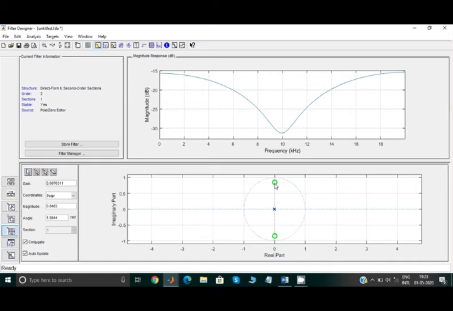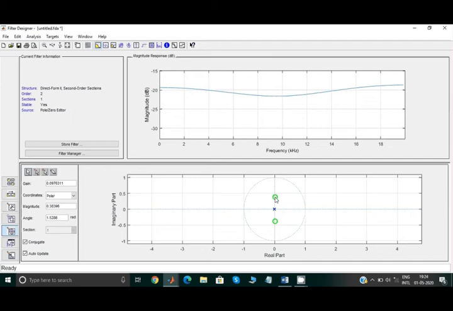Now, as already told for the case of the pole, here also as you move the zero nearer or further from the unit circle, the effect changes. What is the effect? As you move closer to the unit circle, the amount of attenuation increases. As you move further, the amount of attenuation decreases.